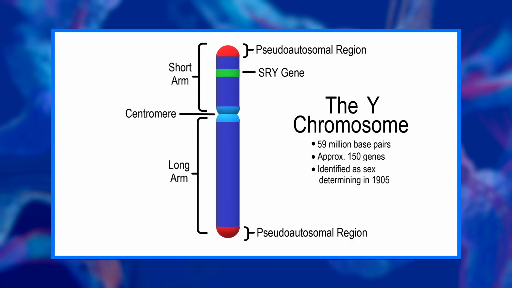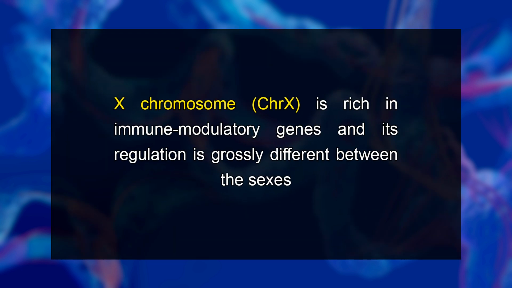The male Y chromosome carries only a few genes predominantly involved in sex determination, with only limited immunomodulatory effects. By contrast, the X chromosome is rich in immune modulatory genes and its regulation is grossly different between the sexes.